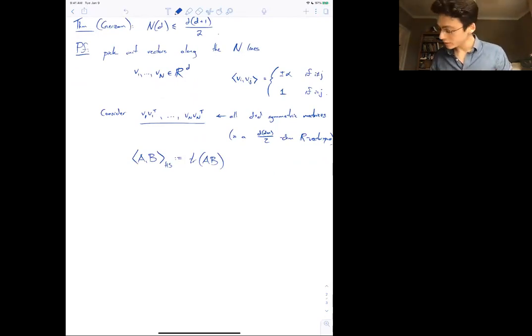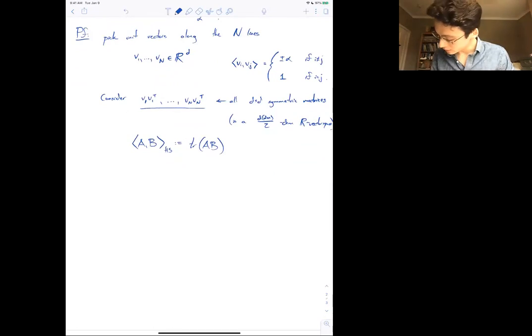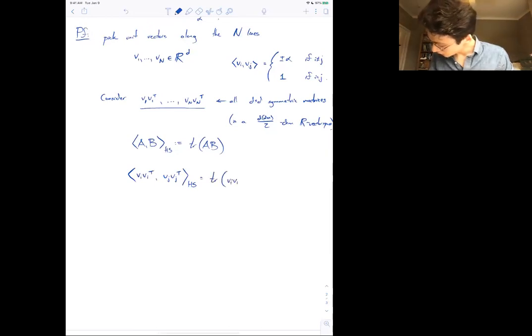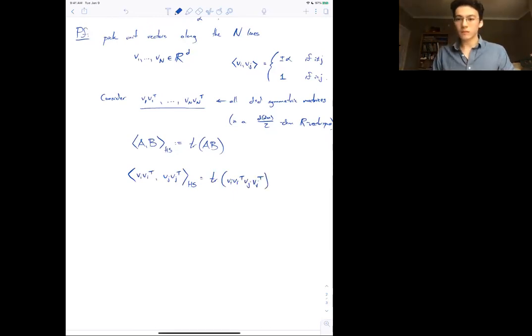So let me just compute what these inner products of the vectors I have are. By definition, this is the trace of V_i transpose V_i times V_j V_j transpose. And there are a couple ways you could compute this quantity, but maybe the slickest is to use the cyclic invariance of trace.